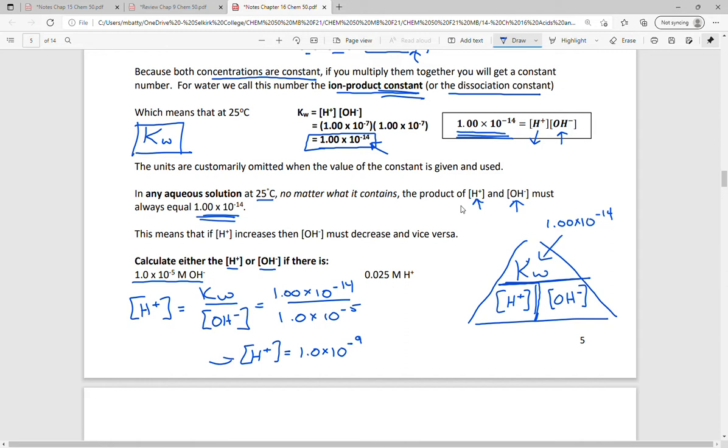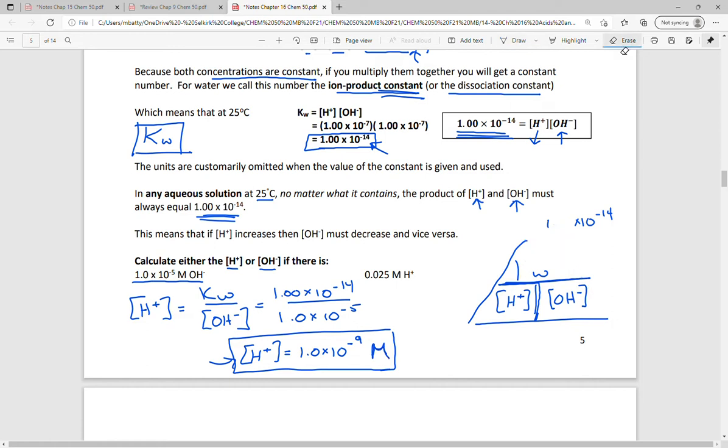Now, concentration always has the units of moles per liter, or molarity. So Kw, no units on that, but these concentrations, the other variables in this triangle that I've scribbled on the page here, do have concentration units of moles per liter.